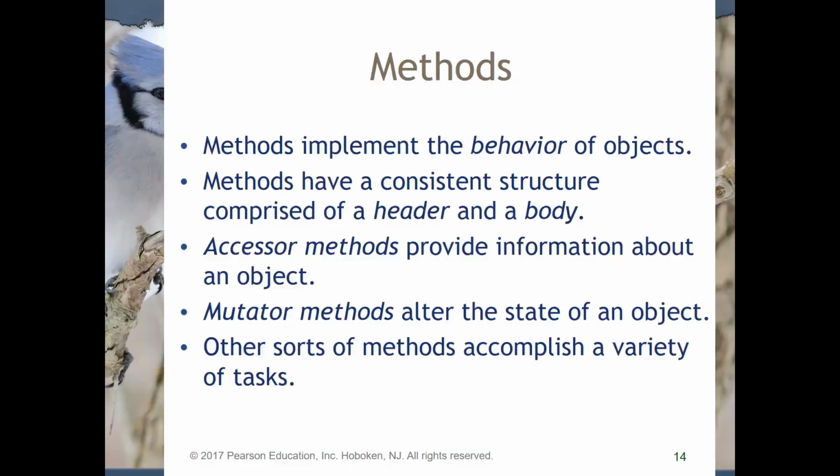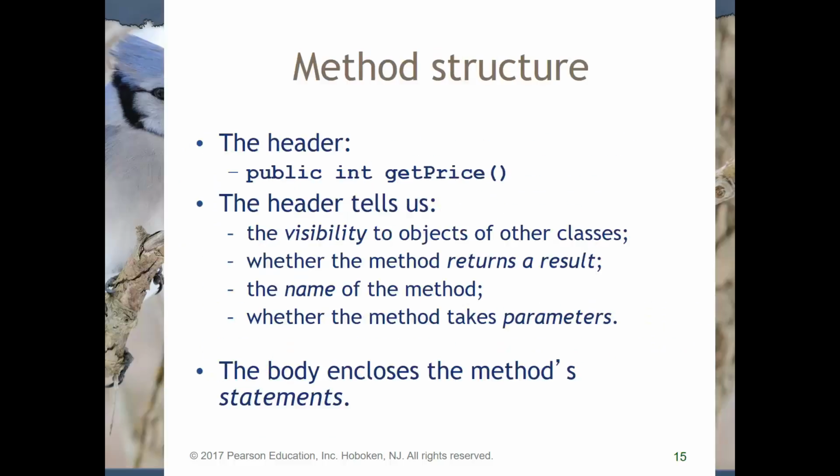Other sorts of methods can accomplish a variety of other tasks. Typically, what I do is the accessors are known as getters and the mutators are known as setters. That's the most common Java term that I'm familiar with. Accessor and mutator are equally right, but just understand that that's the intent. Typically, these methods are very short and can be auto-generated by some of the more advanced IDEs.